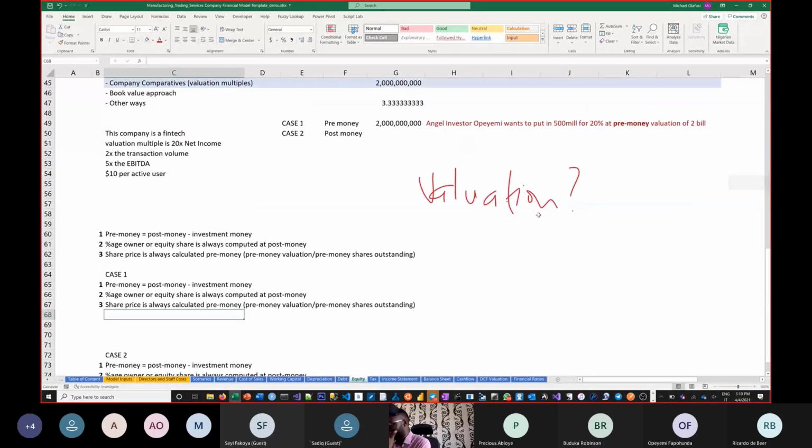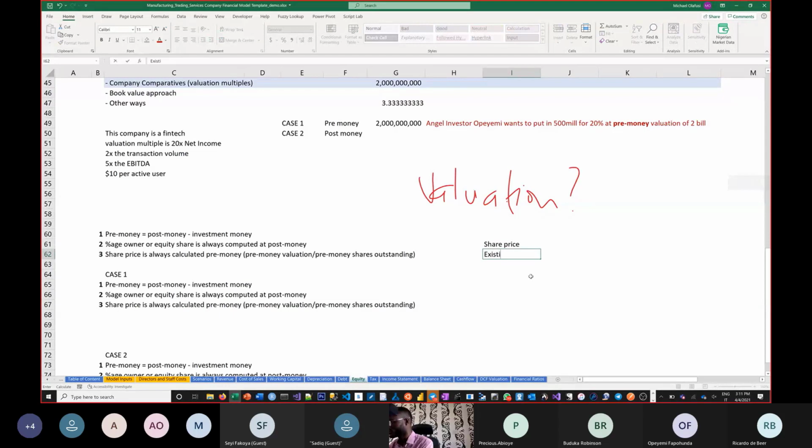What do we need? What are the things we need to calculate? Number 1, we need to calculate the share price.